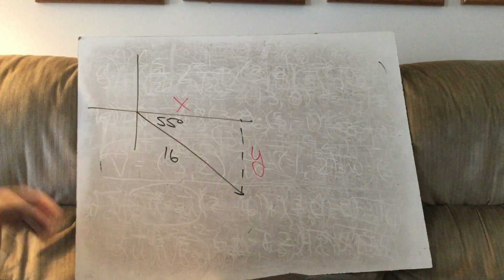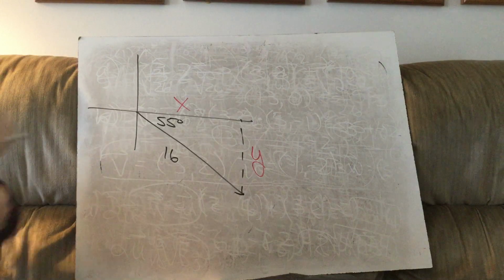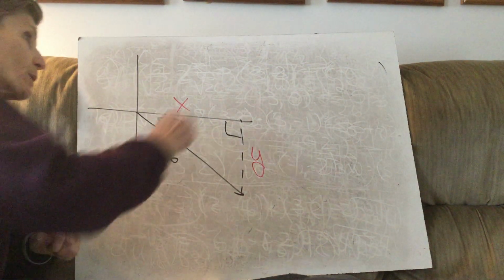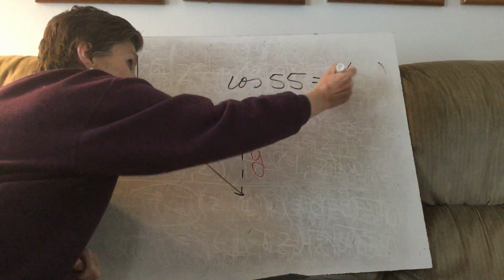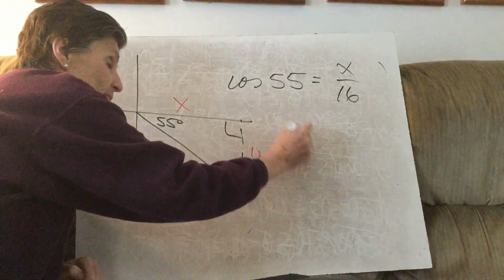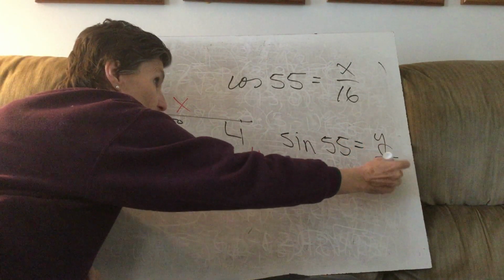So you remember from the note-taking that you did here, that to find the components, we're simply going to do regular right triangle trigonometry, SOHCAHTOA trigonometry. So we're going to say cosine 55 equals adjacent over hypotenuse, and sine 55 equals opposite over hypotenuse.